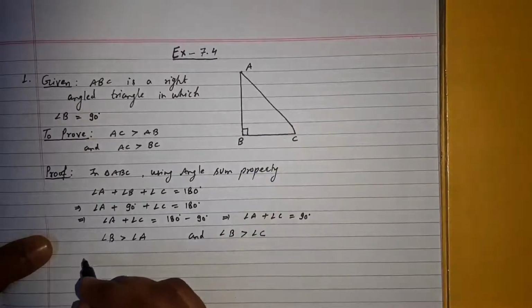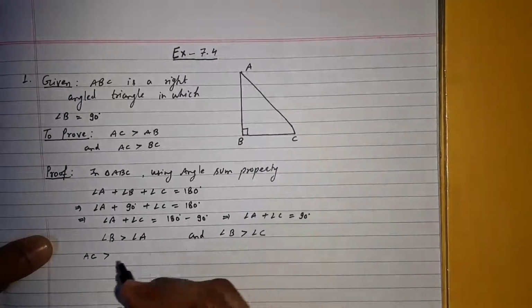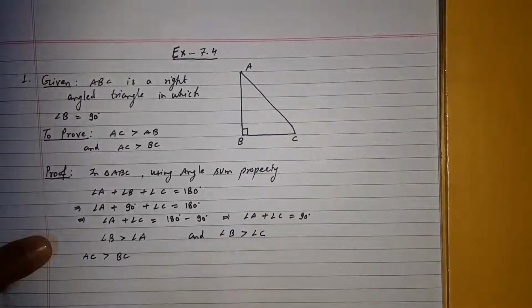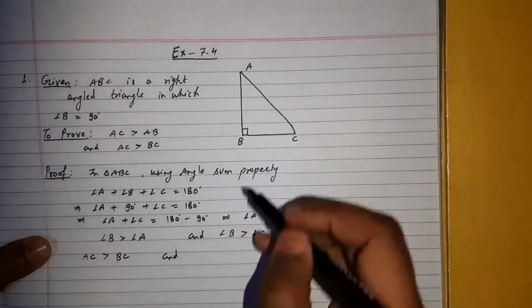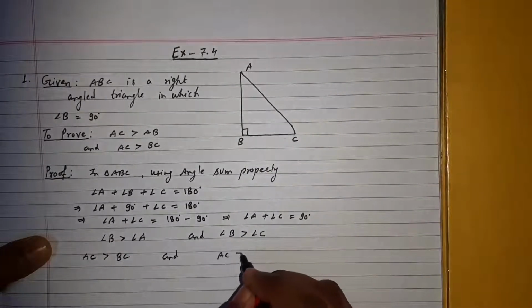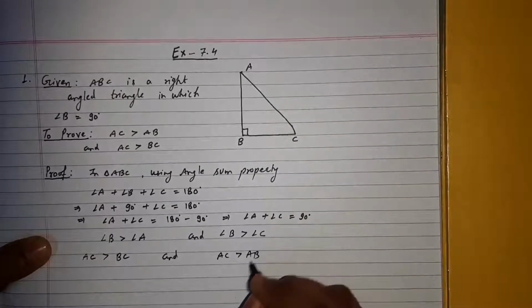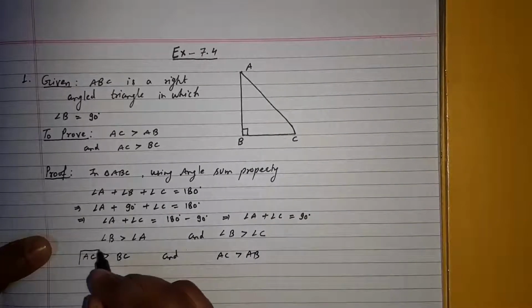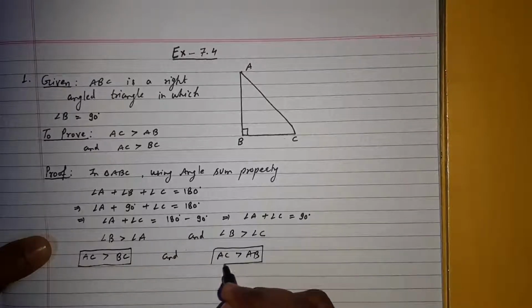The side opposite to angle B is AC, the side opposite to angle A is BC, and the side opposite to angle C is AB. So AC is greater than BC and AC is greater than AB.